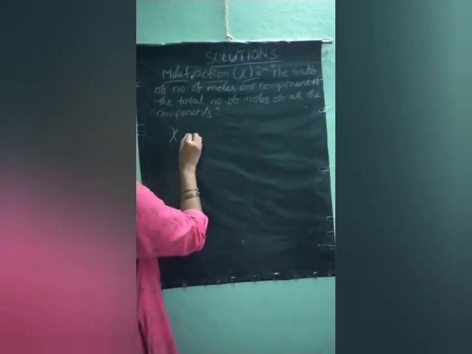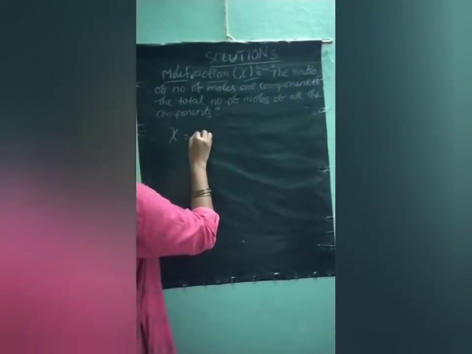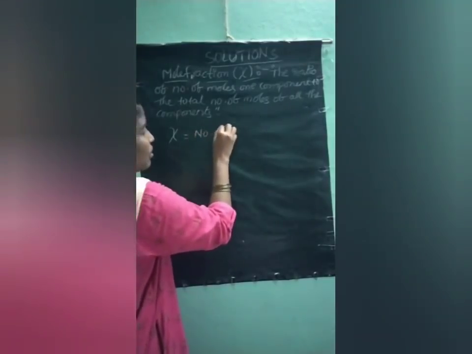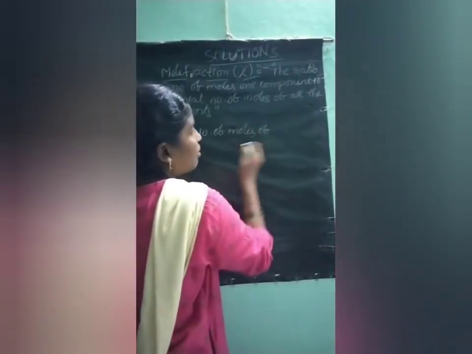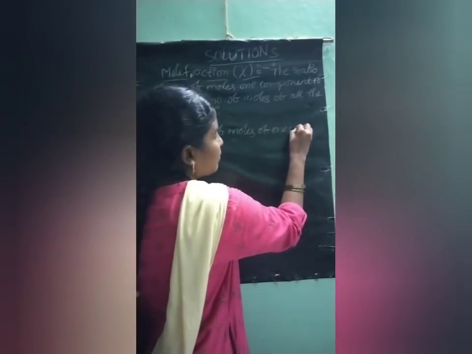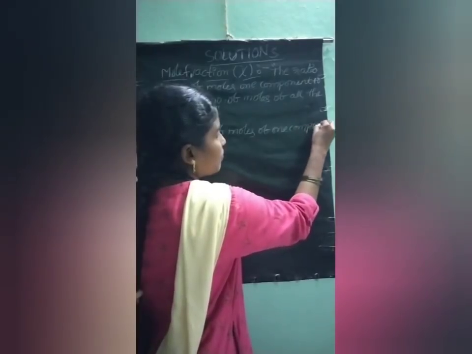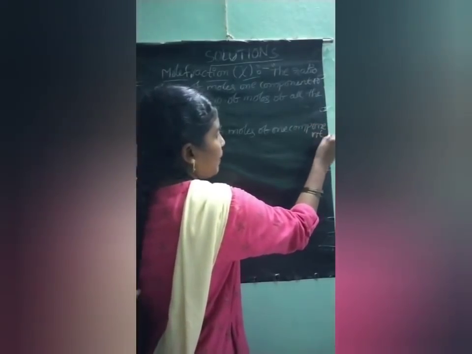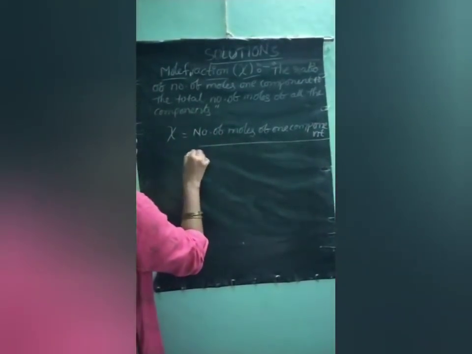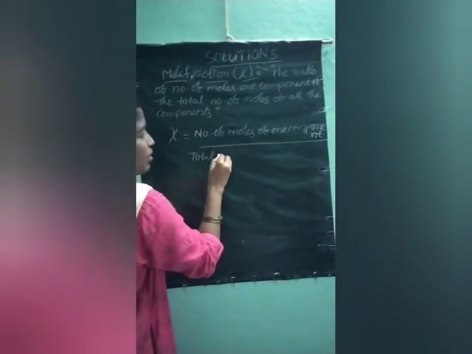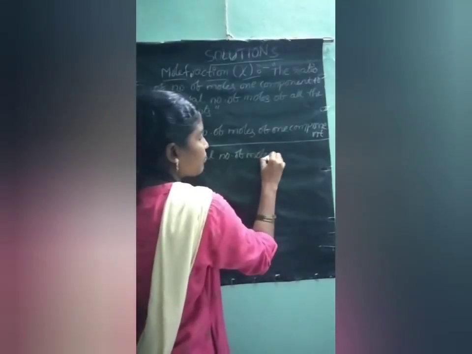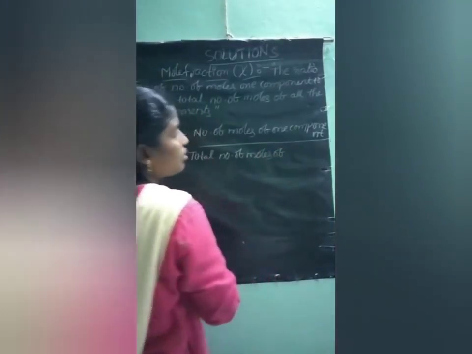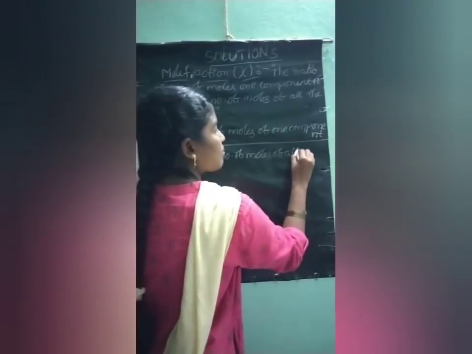So chi or psi is equal to the number of moles of one component by the total number of moles of all components.